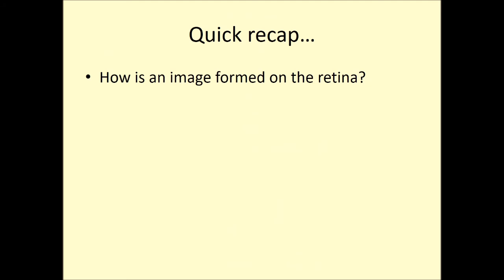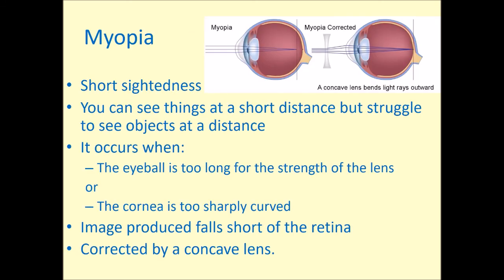So how is an image formed on the retina? This one we need to know, and I suggest that you draw this. The eye focuses on the retina by refracting via the lens. There's going to be a picture on the next slide of myopia, so having short sight. You can see at the top in the diagram that light is being refracted, but it is not reaching the retina, so it's not refracting at the same amount. If someone is short-sighted, they can see things at short distance, but they can't see things further away.